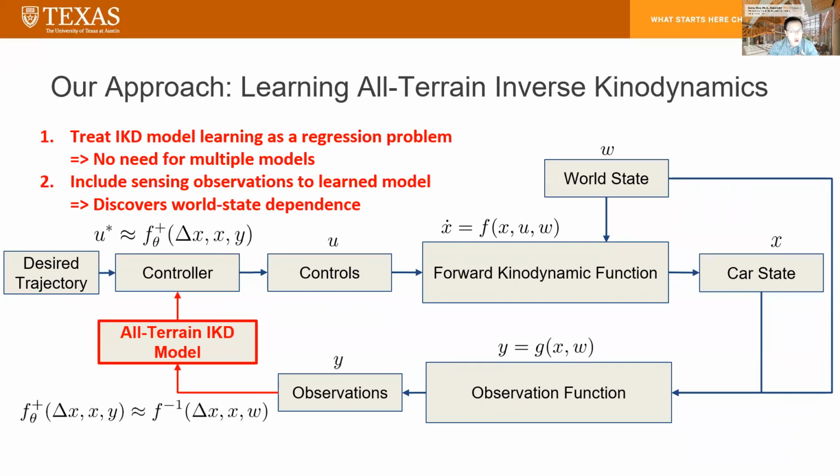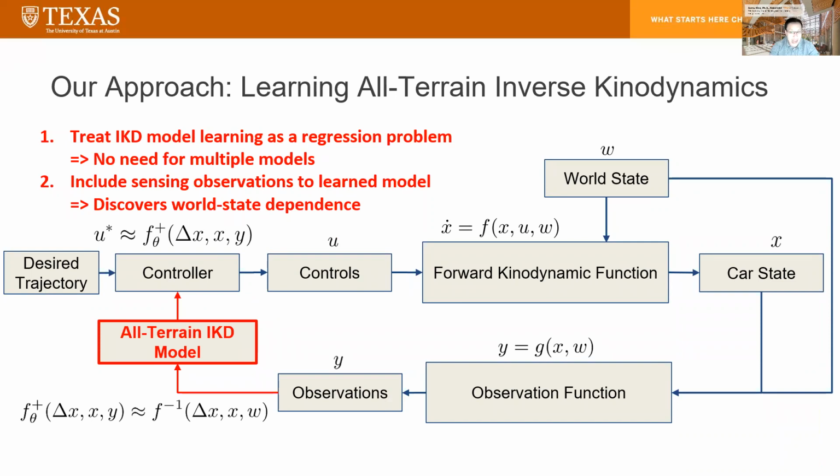But what we are going to do here is something slightly different. Instead of a discrete set of multiple predefined terrain models, we are going to learn a continuous all-terrain inverse kinodynamic function. And also, instead of manually crafting appropriate models for different terrain classes, we learn our continuous all-terrain model in a data-driven manner.